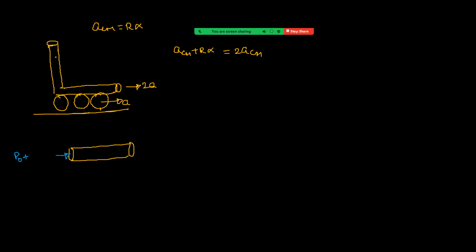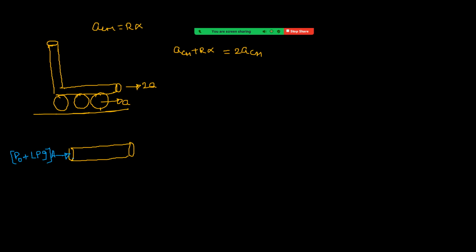It is given L shaped. This is L and this is L. P naught plus L rho G, that is now pressure, into this cross section area. Then we get a force acting on this face.